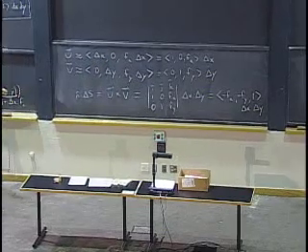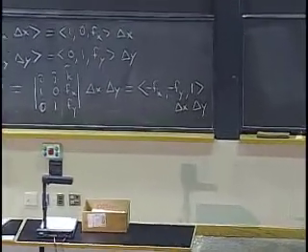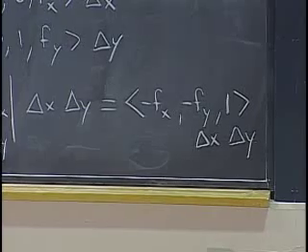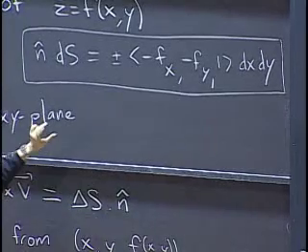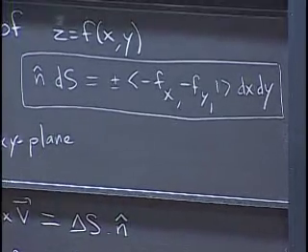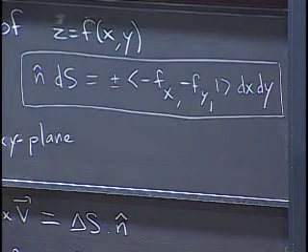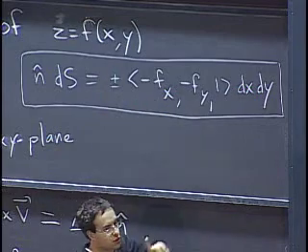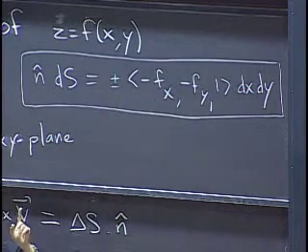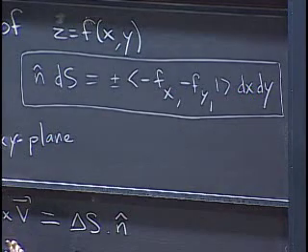And so now when we shrink this rectangle, we shrink delta x and delta y to 0, that's how we get this formula for n ds equals negative f sub x, negative f sub y, 1 dx dy. Well, plus or minus, because it's up to us to choose whether we want to take the normal vector pointing up or down. If you take this convention, then the z component of n ds is positive, so that corresponds to a normal vector pointing up.